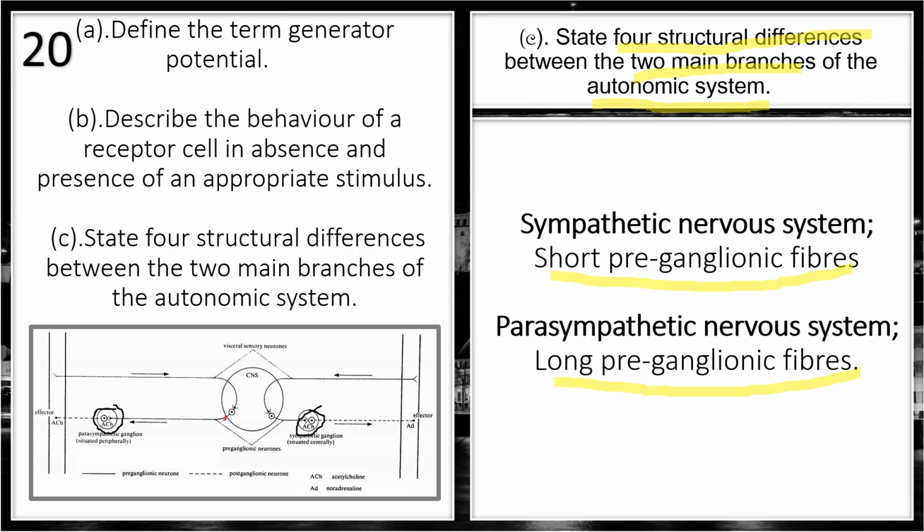This fiber of the parasympathetic here is called a preganglionic fiber, and this fiber connecting to the ganglion of the sympathetic is also called a preganglionic fiber. So for the sympathetic, you can see that the preganglionic fiber is short compared to the preganglionic fiber of the parasympathetic nervous system.